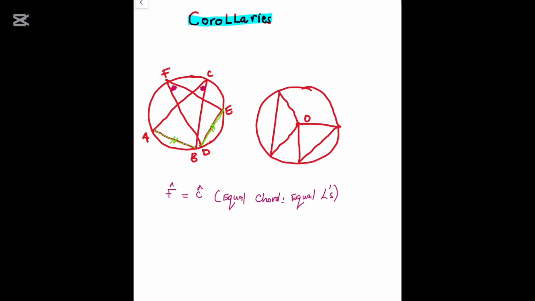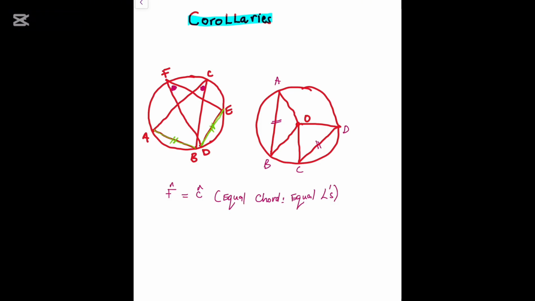Also, if here we have A, B, C, D, and AB is equal to DC, if these chords subtend an angle at the center of the circle, those two angles will be equal.